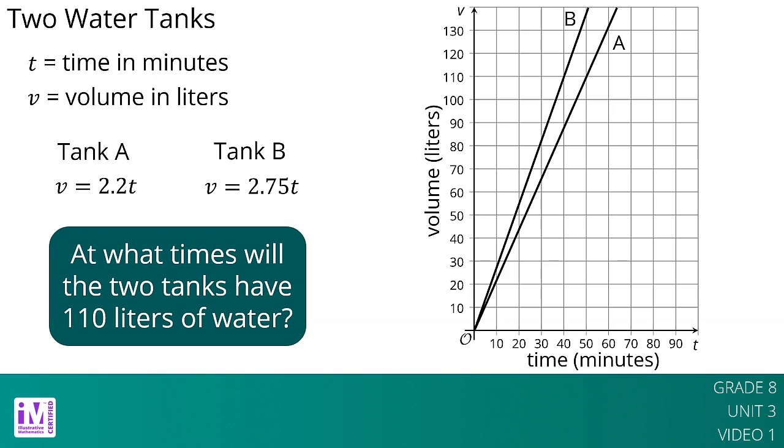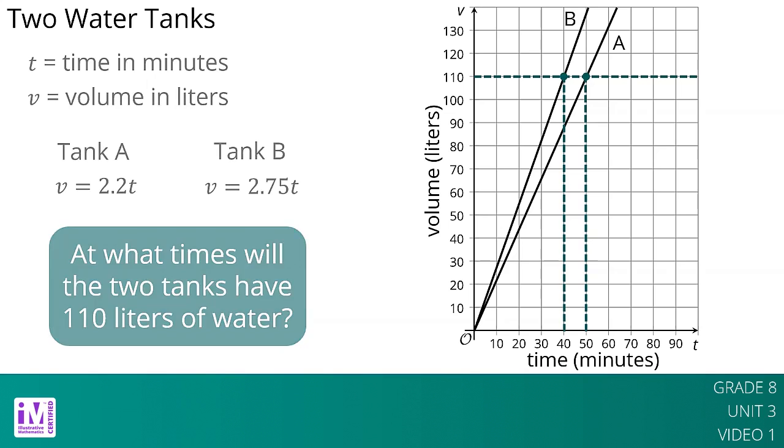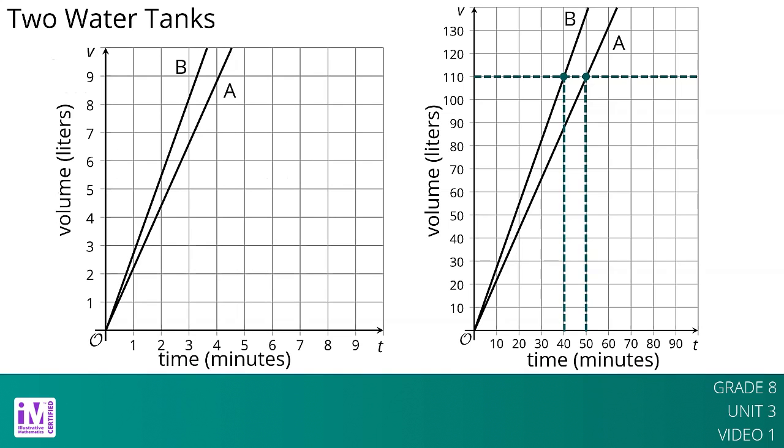Now we can see that the two tanks will reach 110 liters 10 minutes apart: tank B after 40 minutes of filling and tank A after 50 minutes of filling. It is important to note that both of these graphs are correct, but one uses a range of values that helps answer the question. In order to always pick a helpful scale, we should consider the situation and the questions asked about it.